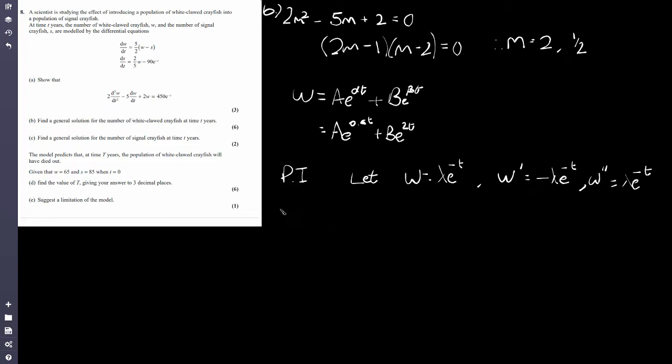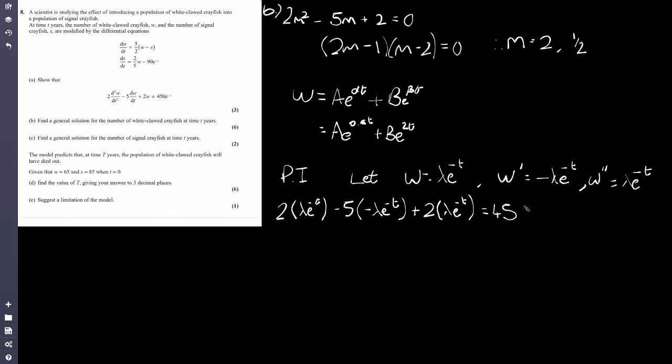So this is going to be 2 lots of the second derivative, lambda e to the minus t, minus 5 lots of the first derivative, so minus 5 lots of minus lambda e to the minus t, plus 2 lots of w, which we know is just lambda e to the minus t, and this is going to be equal to 450 e to the minus t.